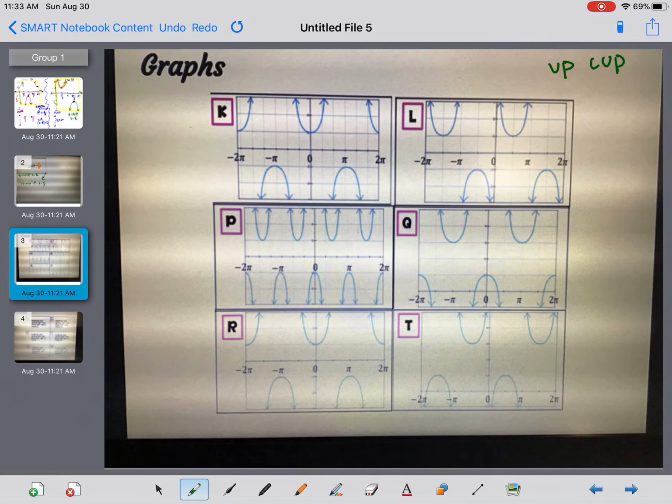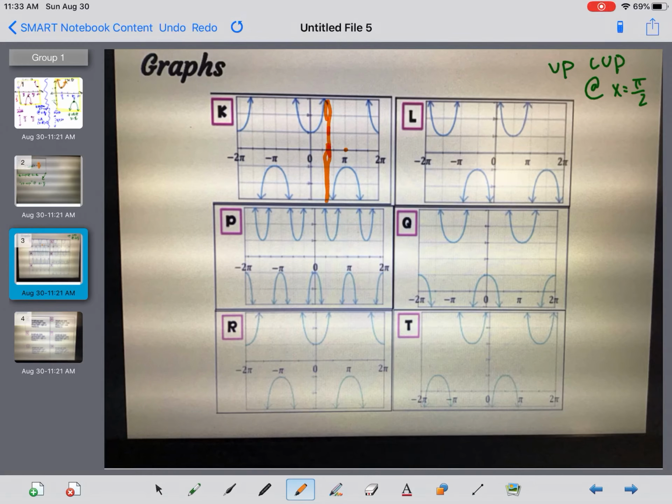Knowing that, let's go to our graphs, okay? So we're looking for an up cup at x equals pi over 2, all right? And we know that pi over 2 is halfway between 0 and pi. So let's see which one of these we can get rid of. All right, so if you look at graph K, this is pi, so that means that pi over 2 would be about right here.